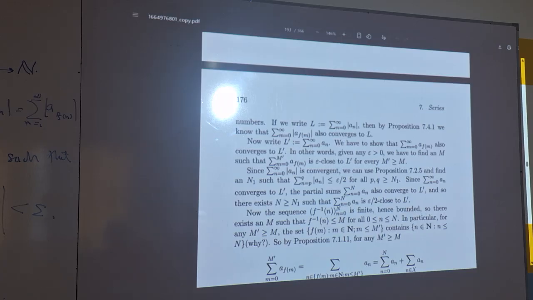There exists n1 such that for any N greater than or equal to n1, the sum n going 0 to capital N of a n is epsilon by 2 close to L dash. So what we know is that n1 is there, and if you take any N like that, it works. Now, can you see it's not precisely written.